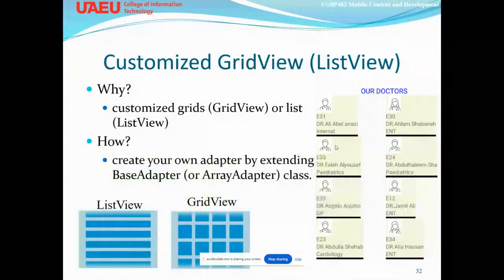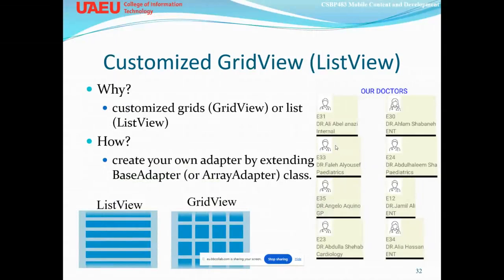The next part of configuring the grid view or list view is the customized grid view. The customized grid view is a way to display objects and more complicated data.